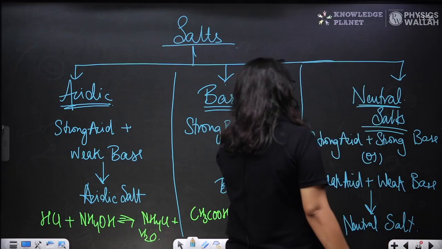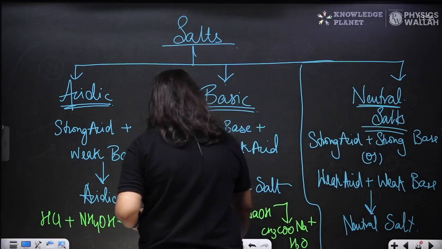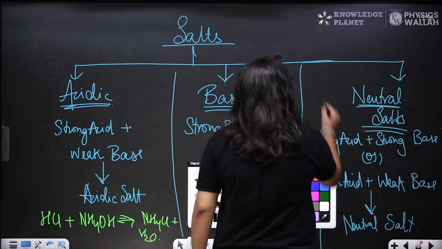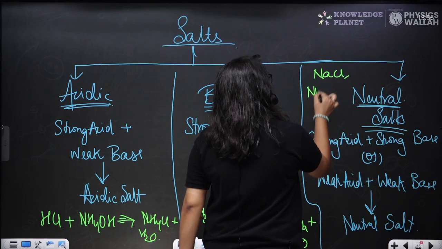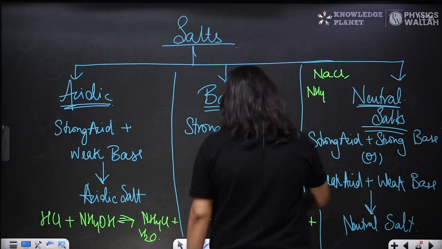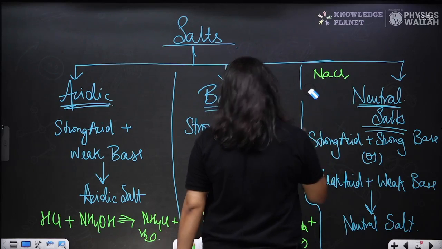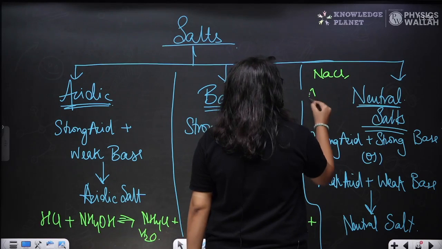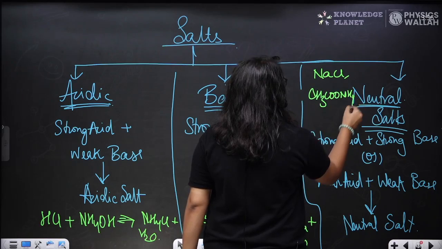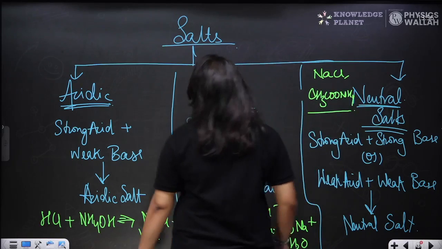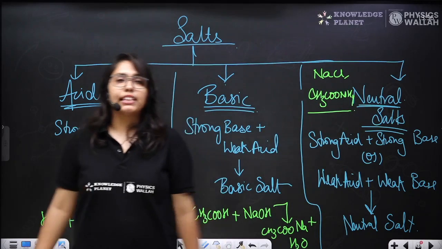What we get is a neutral salt, and the example for this can be NaCl, ammonium acetate, etc. These are all examples of the various types of salts.